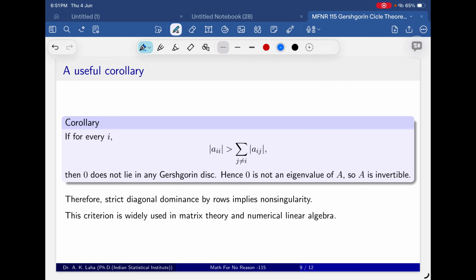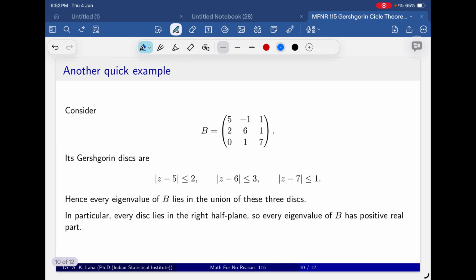If it happens that the modulus of the diagonal entry is greater than the sum of the moduluses of the non-diagonal entries, and if that happens for every row, then we can conclude that the matrix A is invertible, that is, it will have an inverse. This is a very widely used result in various parts of matrix theory and linear algebra.